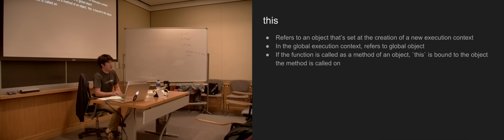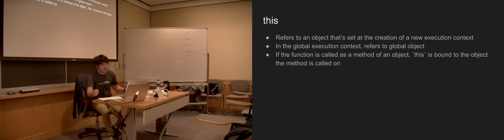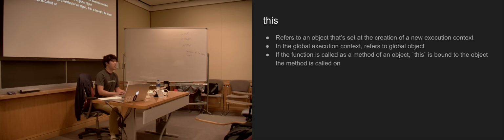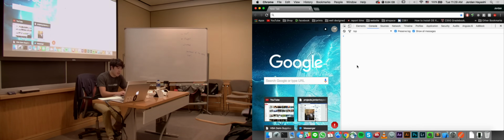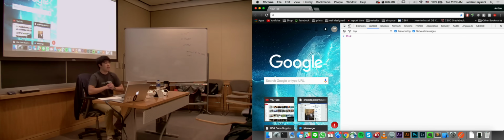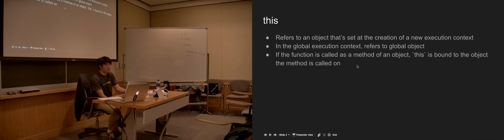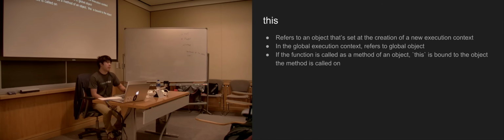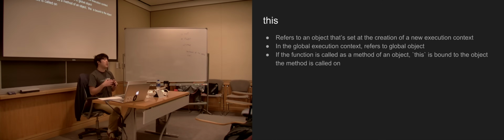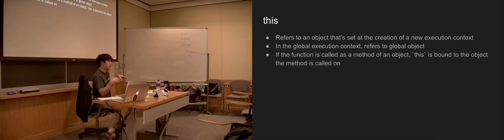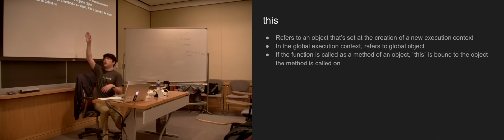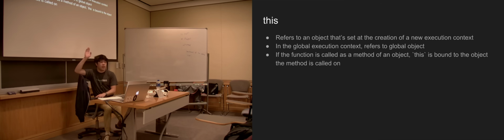So what does that mean? Has anybody used the keyword this before? A few people? So let's do this one in the browser. If I type this in the middle of nowhere, what will that write? Since we're in the global execution context, it's referring to the global object. When we created the global execution context, that created a new execution context and therefore created this variable.